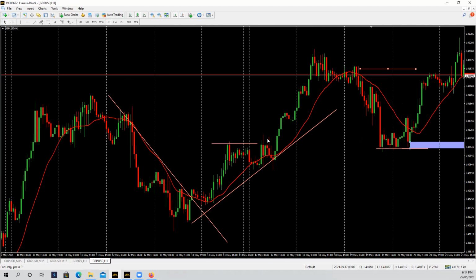This would be the 17th of May. One of the reasons why I stayed out of the trade is because there was an indecision here. So I look at that and I said, okay, I'm at a moving average, right?